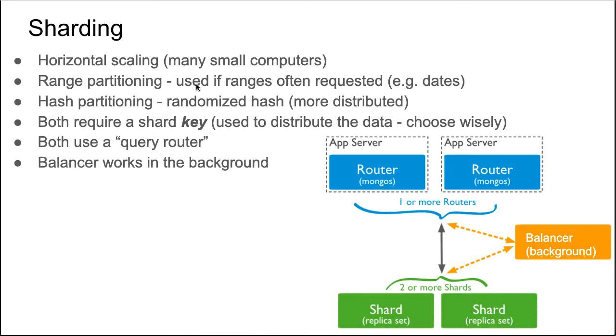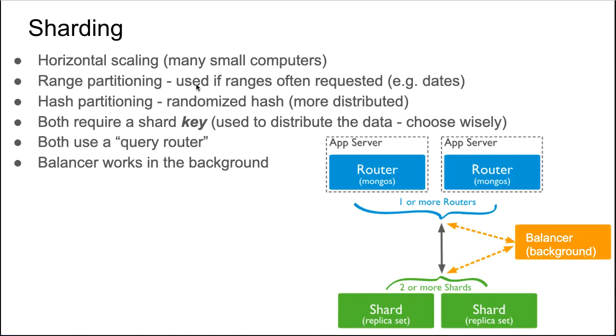Then social security number is a pretty good key because it will split people pretty evenly across these different shards, right? It's not like there's a whole bunch more people with a social security number that starts with 111 than there are with all the other ones.